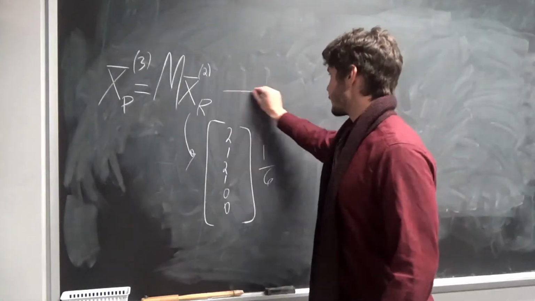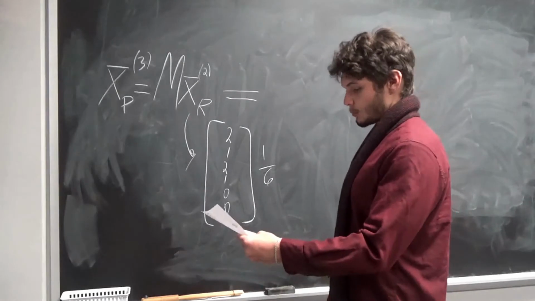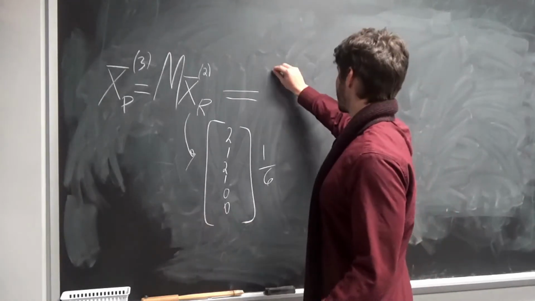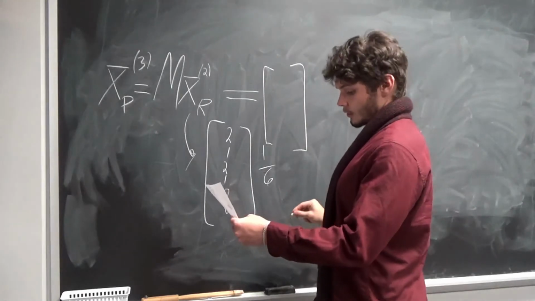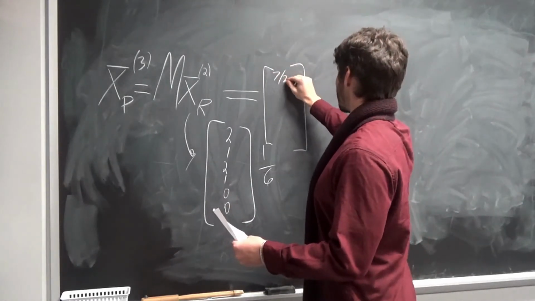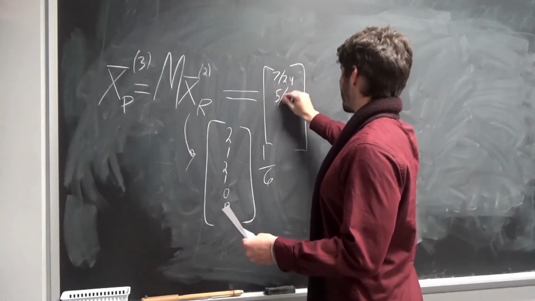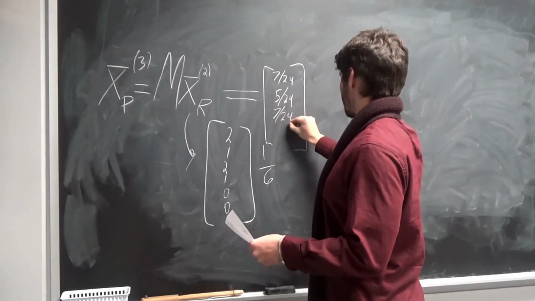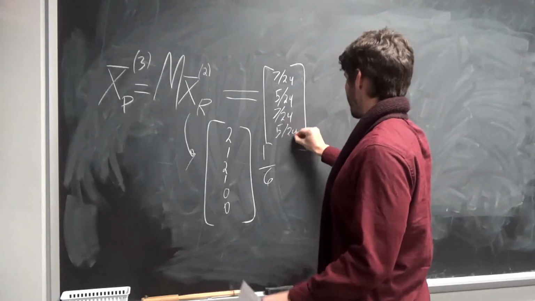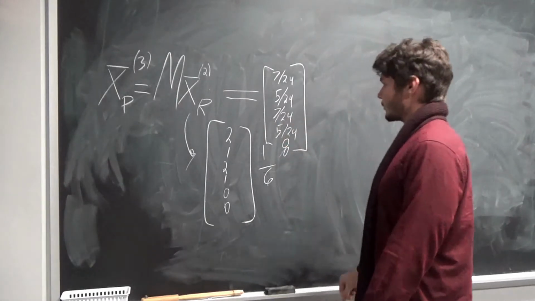And what is this going to give us? This gives us a probability vector of, getting a little uglier here as time goes on, 7 over 24, 5 over 24, and then it repeats. And then, of course, 2 zeros.